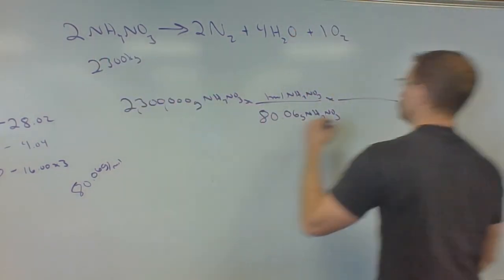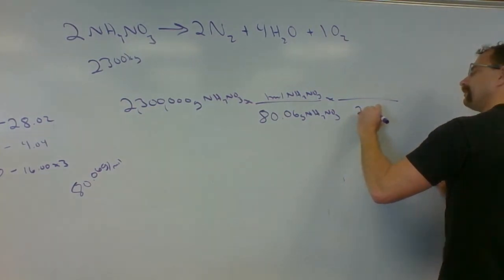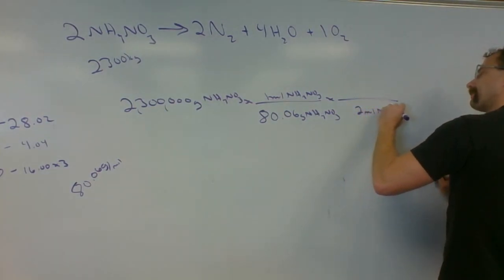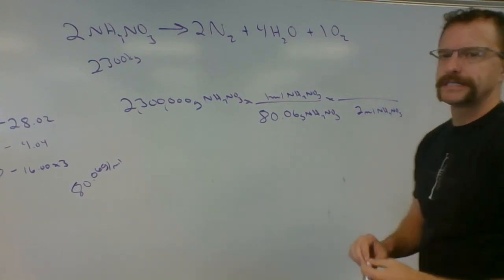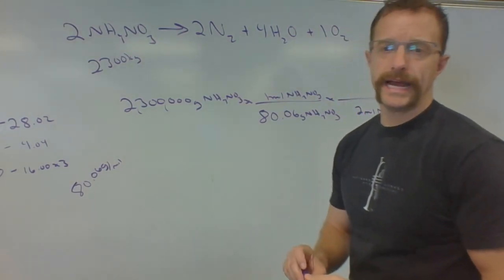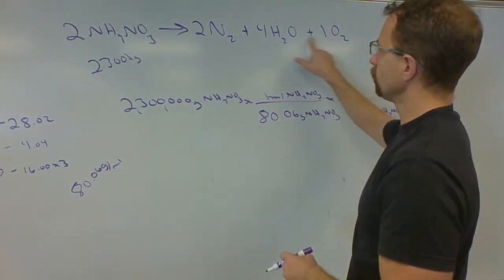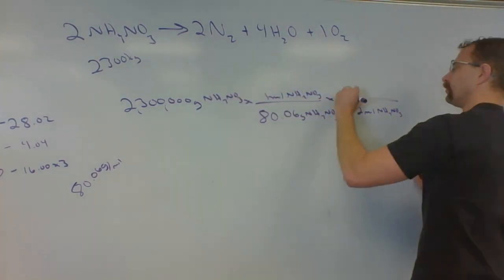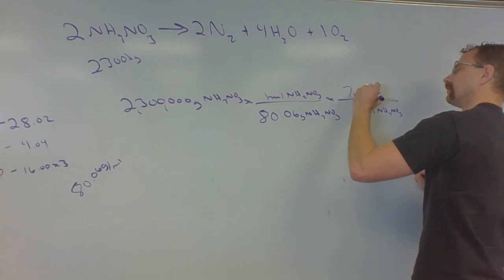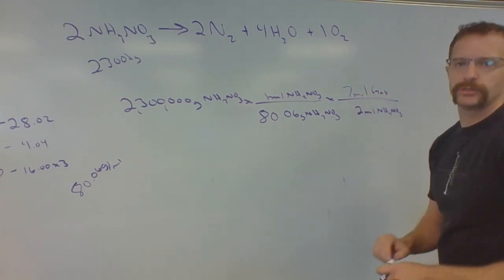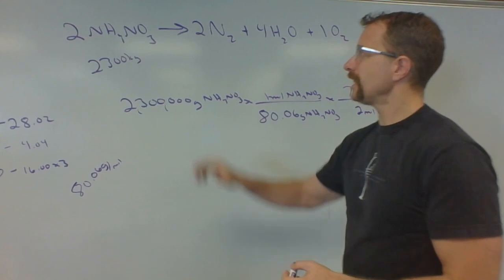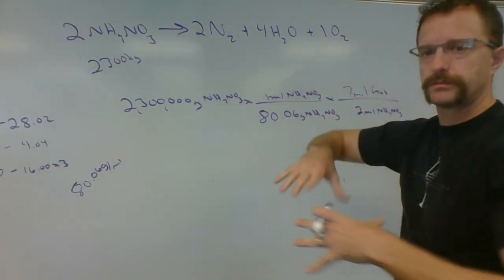I know it's going to be 2 moles of ammonium nitrate on bottom. But on top, we don't care what the gas is. We just care that it's a gas. So we would add all of these together and say 7 moles of gas is what we're dealing with there, right? Not 2 moles of this and 4 moles, but just 7 moles of gas.